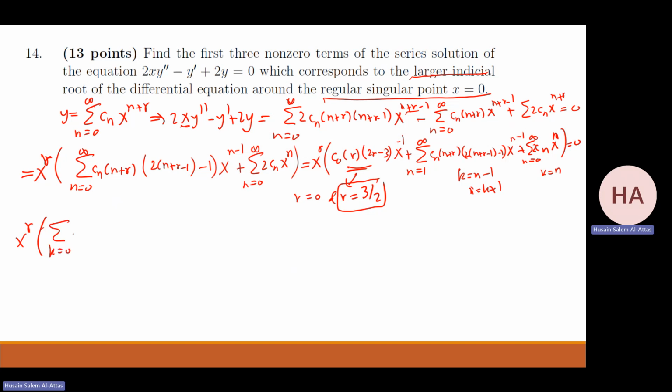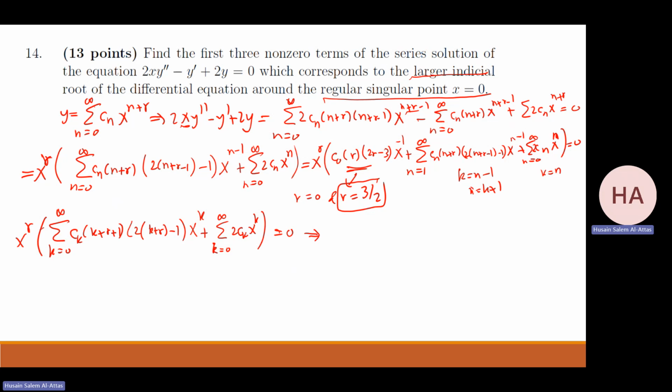Then I have summation k equals 0 to infinity C(k+1) (k plus r plus 1), here I need 2 times what? n is k plus 1, so that would be (k plus r), minus 1, x to the power k, plus summation k equals 0 to infinity 2 Ck x to the power k. That equals 0.